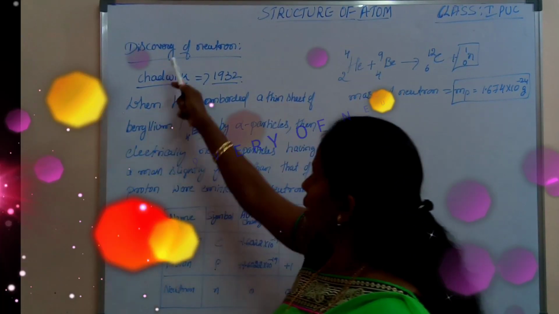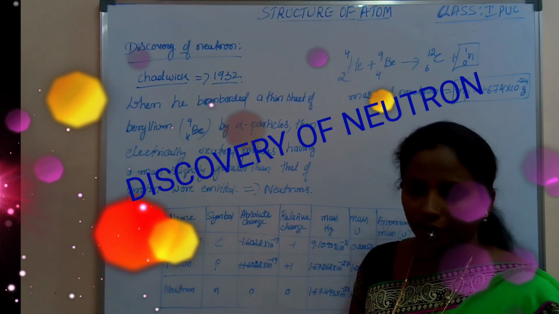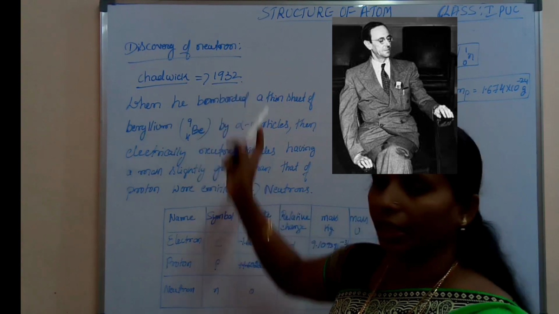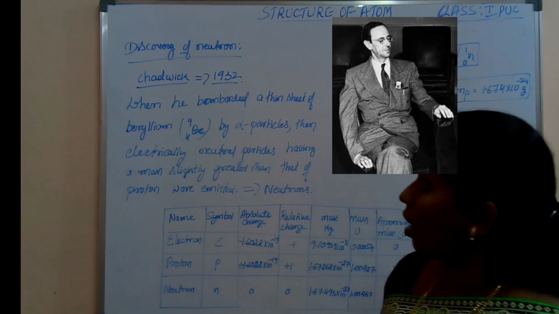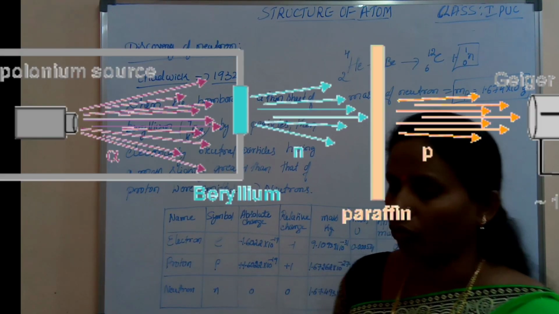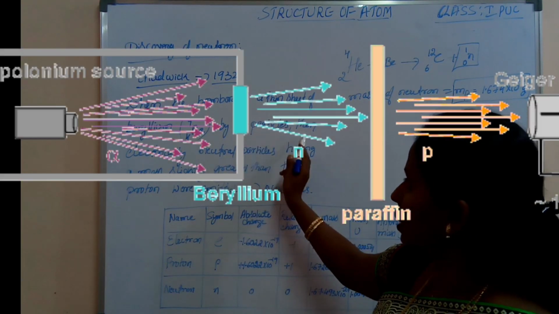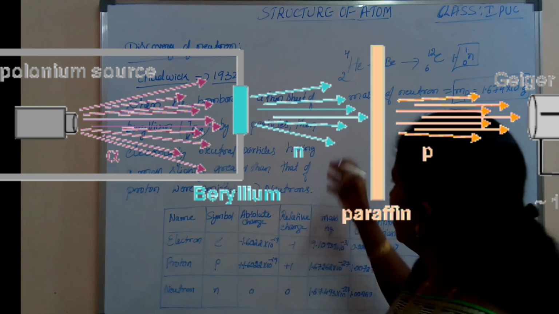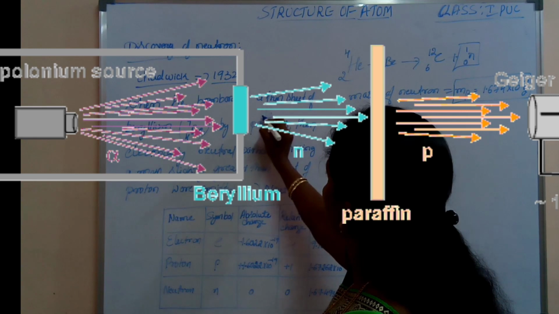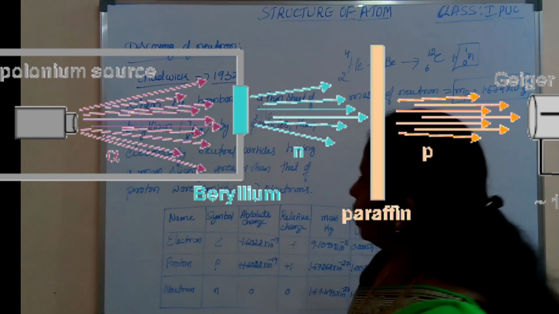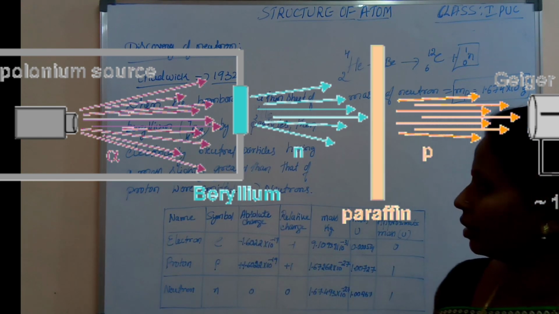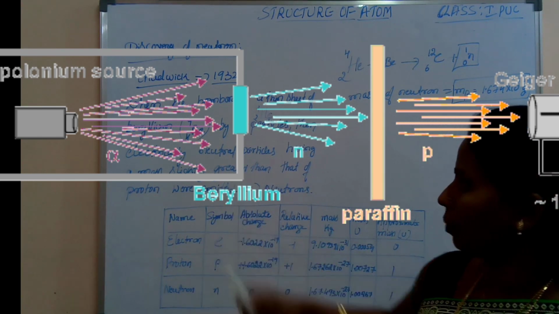Next, the discovery of the neutron. This is one of the fundamental particles, discovered by Chadwick in 1932. When he bombarded a beryllium nucleus with alpha particles, which are nuclei of the helium atom, electrically neutral particles having mass slightly greater than a proton were emitted.